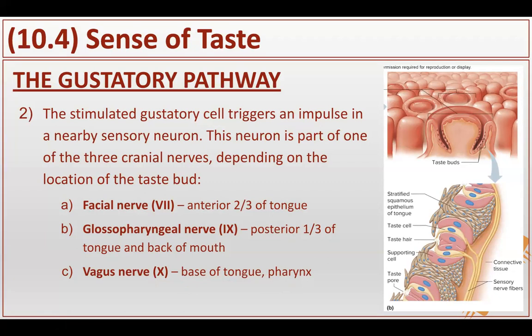So the stimulated gustatory cell is going to then trigger an impulse at the synapse with the neuron. That neuron will be, depending on location, part of one of these 3 cranial nerves. All right, so we have the stimulation of the nerve, and it'll take it back.